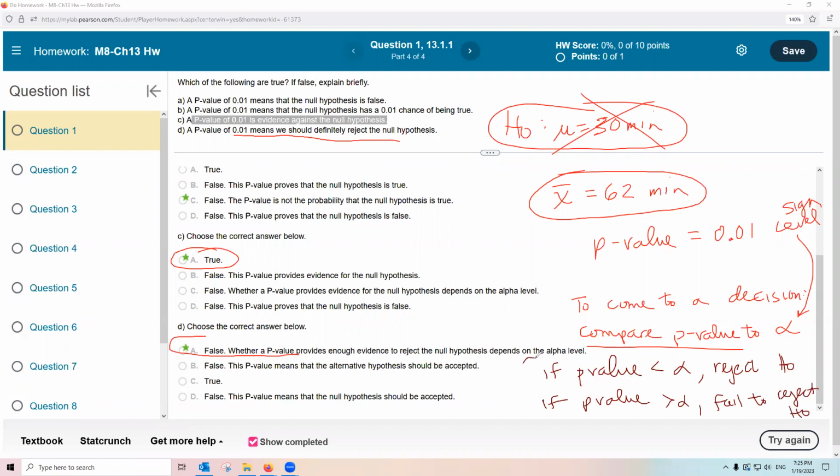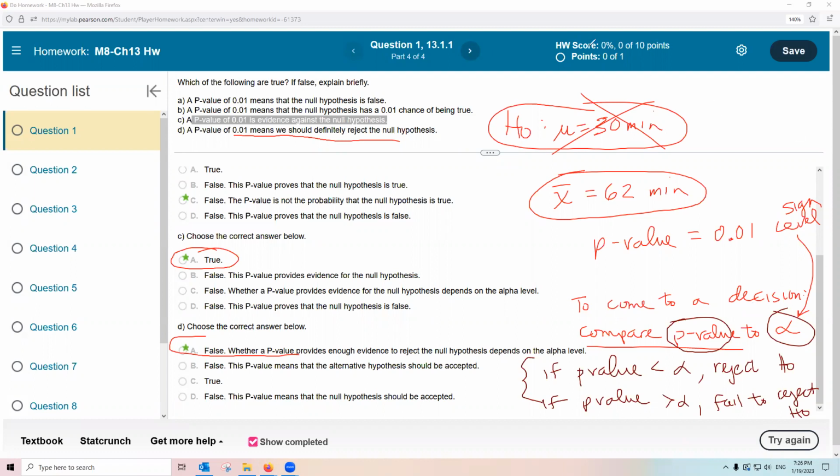So this is like the decision rule for hypothesis testing. You compare the p-value that's based on the sample data to alpha. Now, alpha is a number you establish at the very beginning of the hypothesis testing process. Turns out alpha is the probability of making what's called a type 1 error. And I'll talk more about that in just a minute.